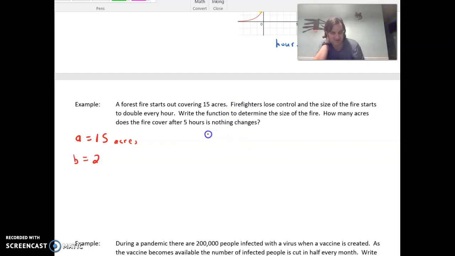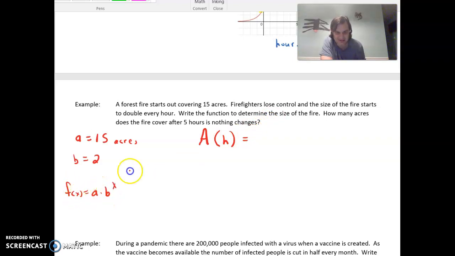We're going to have a function, and I'm going to call it big A for the number of acres, and the input will be h for the number of hours. So acres after so many hours. Well, then we need an a. The idea was f of x equals a times b to the x.